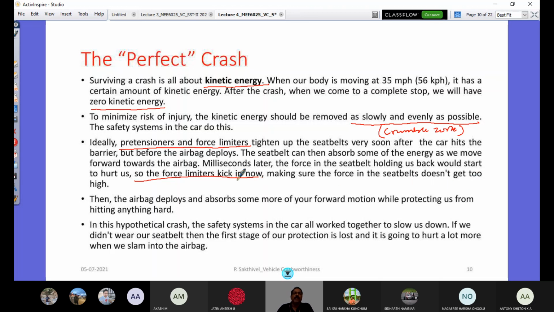The pre-tensioner and force limiter of the seat belt and the simultaneous deployment of the airbag are what ensure that any energy getting into an occupant, and the occupant kinematics, are completely arrested by means of the seat belts and the airbag.